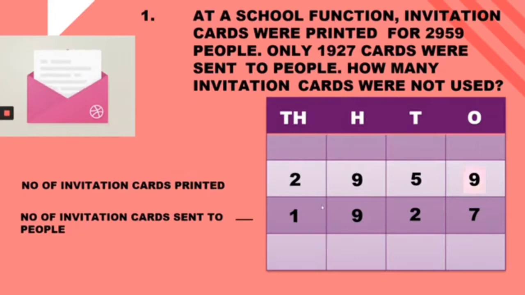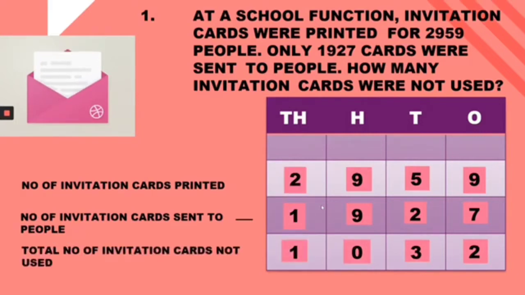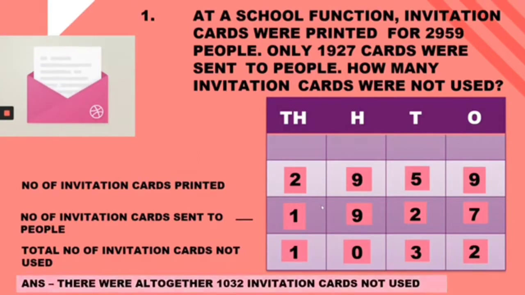So 9 minus 7 is 2. 5 minus 2 is 3. 9 minus 9 is 0. 2 minus 1 is 1. So total number of invitation cards not used were 1,032. So your answer is there were altogether 1,032 invitation cards not used.